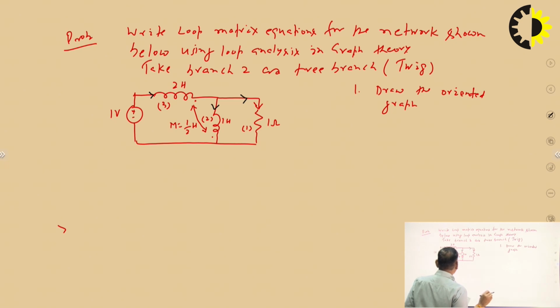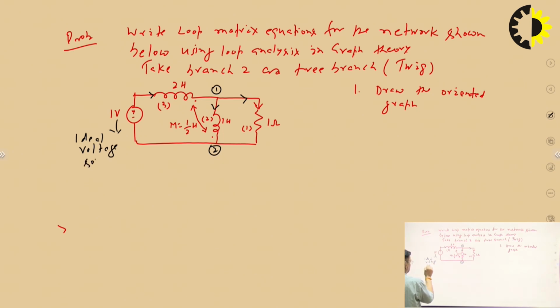How many nodes are there? Basically there are two nodes, because this is an ideal voltage source, and an ideal voltage source means its impedance is 0. So we take 2 Henry and 1 volt as a single element.